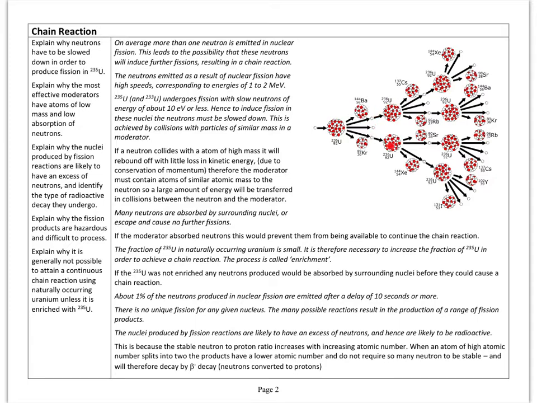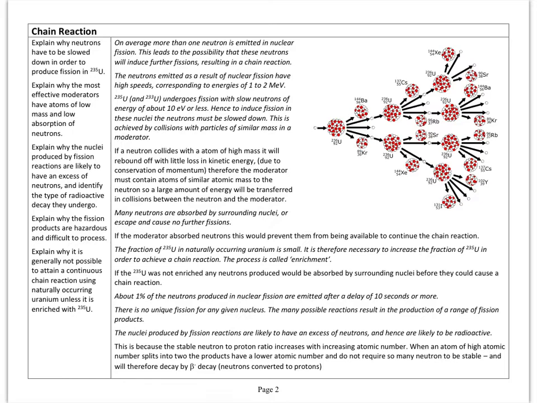Each of them hits another atom. They all split, release 2 or 3 neutrons. They hit an atom, they split. And before you know it, this one little neutron has caused lots and lots of atoms to split, huge amounts of energy to be released, and you have, if you like, a nuclear explosion on your hands, releasing large amounts of energy.